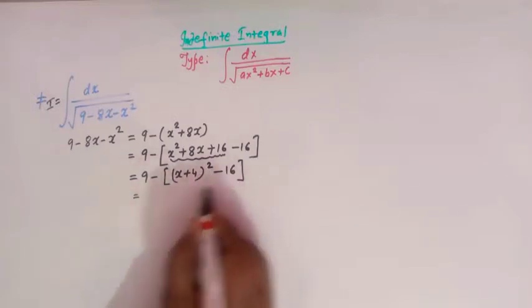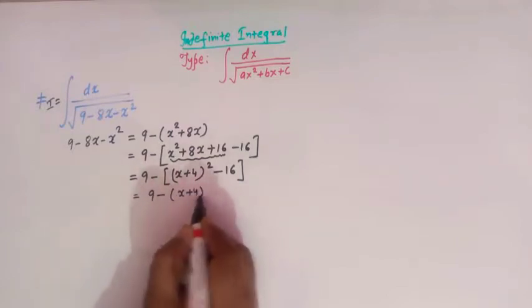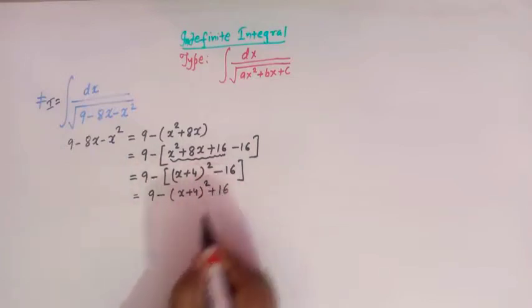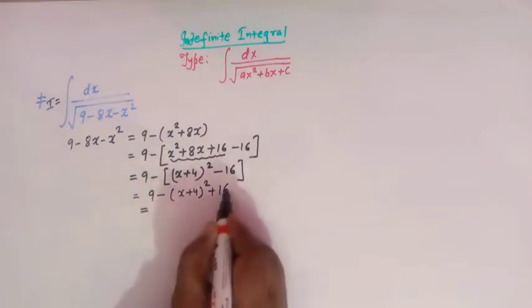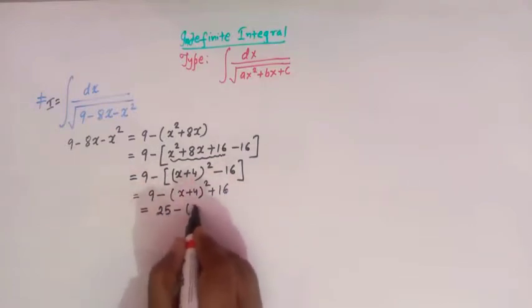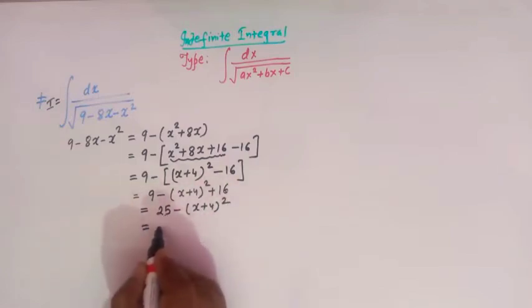Now we can simplify it, so we have 9 minus x plus 4 whole square, then minus and minus becomes plus, so we have 16, and 16 plus 9 is 25. And 25 can also be written as 5 square.